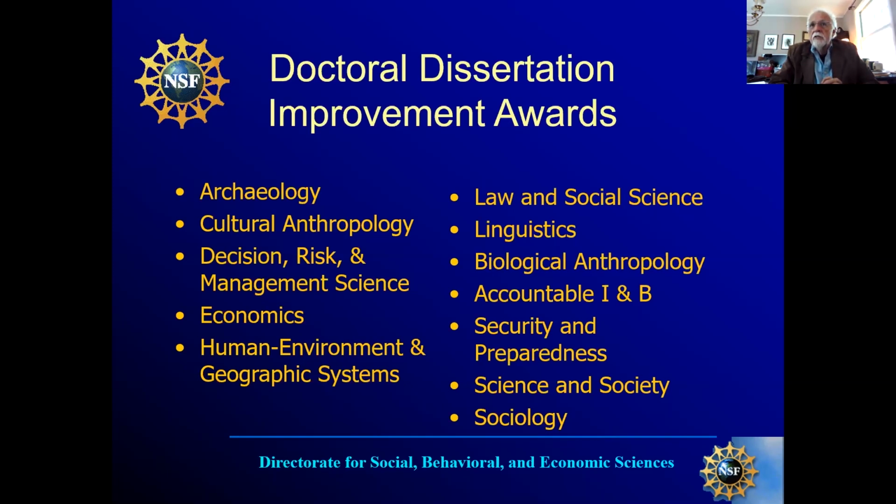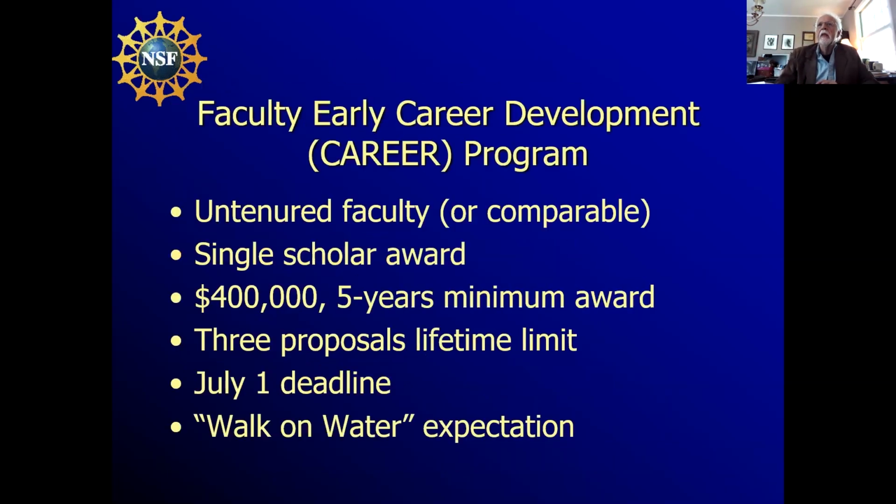One of my favorite stories, and it's fairly recent: there's a young woman at Colorado State whose dissertation my program funded 4 years ago at Stanford, and she's moved on and is now an assistant professor at Colorado State. She got an award from us her first year there. Last year, she got a RAPID award, and she's about to get another. So maybe we over-socialized her to the National Science Foundation. But anyway, think about it.